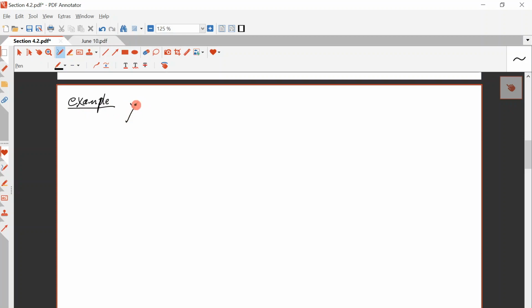Consider the differential equation y prime equals minus y over x. Okay, let's draw what this direction field looks like. Let's just do the first quadrant.